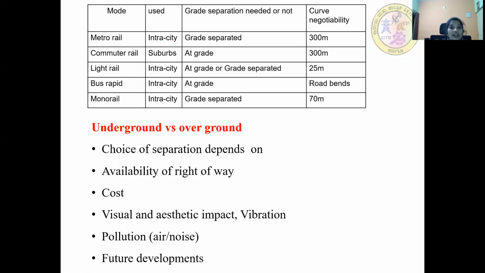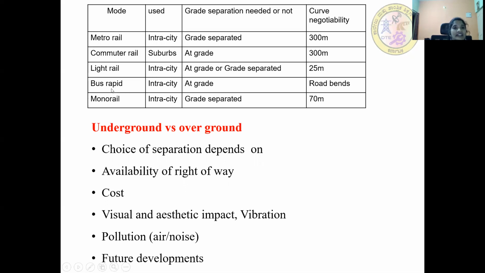Okay. So next, depending upon the mode where it is used, grade separation is needed or not, and what the curve should be. Metro rails are mainly used in intercity. It has a grade separated intersection and the curve is around 300 meters. Then commuter rails are used in suburbs and have at grade intersections and the curve will be 300 meters. Light rail is mainly used in intracity, at grade or grade separated.